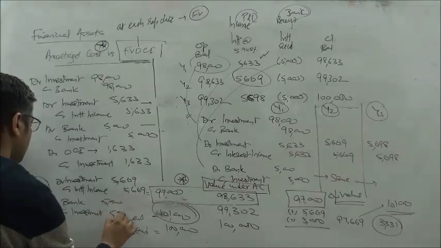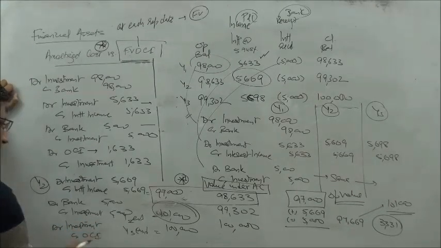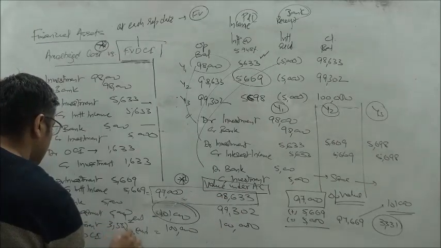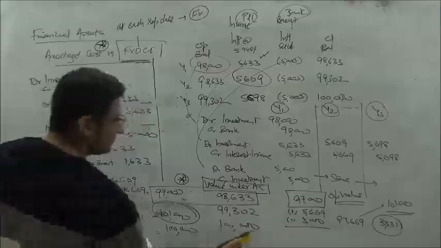And then I debit investment and credit OCI, which is your 3331 here.